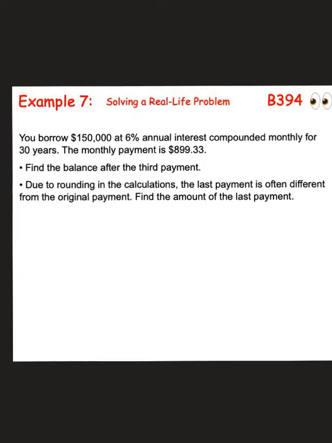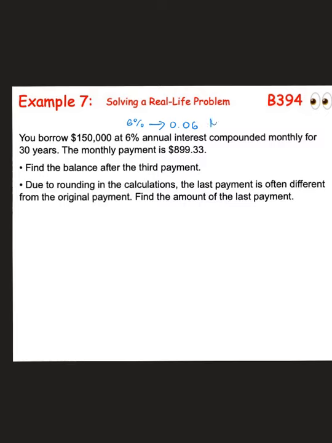Again, in this problem, we are going to use our graphing calculator. So let us go ahead and start with figuring out the monthly interest rate. Since the annual interest rate is 6%, that written as a decimal is 0.06.